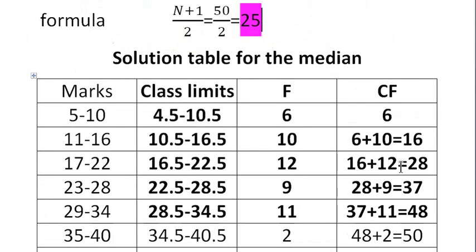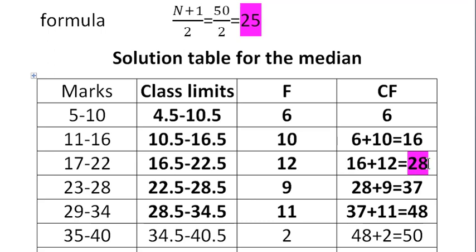From here, this value will be traced under 28. This 25 falls under this 28. So that means that the third class, this is the first class, second class, the third class, will be our median class. We have calculated the median class to be 25. Trace from this cumulative frequency.